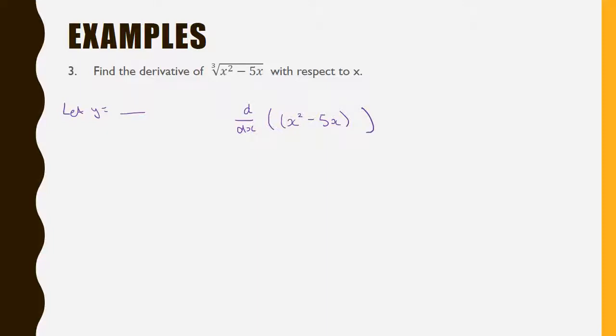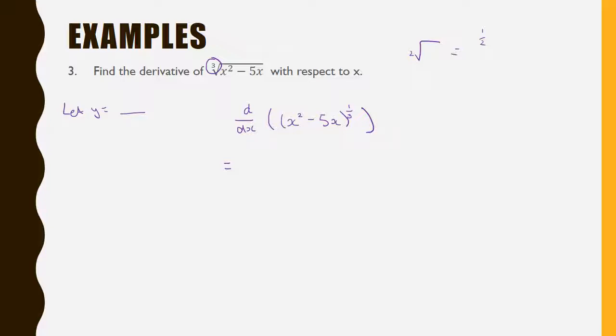So I'm going to differentiate this function with respect to x. When we've got a 3 here, that means that our power is 1 over 3. Remember, for a normal square root, that's a power of half, and we assume there's a 2 written there, even when we can't see it.